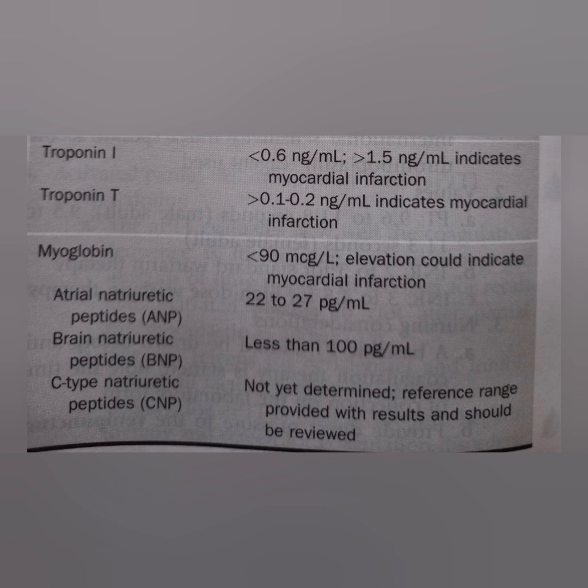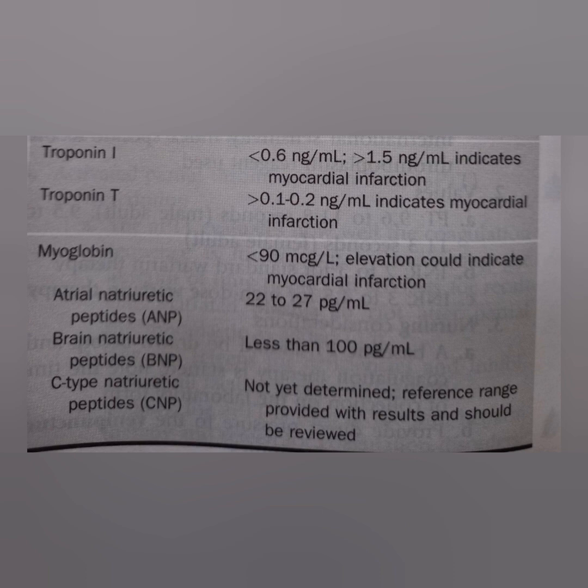And the next important topic is troponin. It is an important area. Troponin is a regulatory protein found in striated muscle, that is mainly skeletal and cardiac muscles. Increased amounts of troponin are released into the blood in case of myocardial infarction. For troponin I, the value is usually lower than 0.6 nanogram per milliliter, and a value higher than 1.5 nanogram per milliliter indicates myocardial infarction.